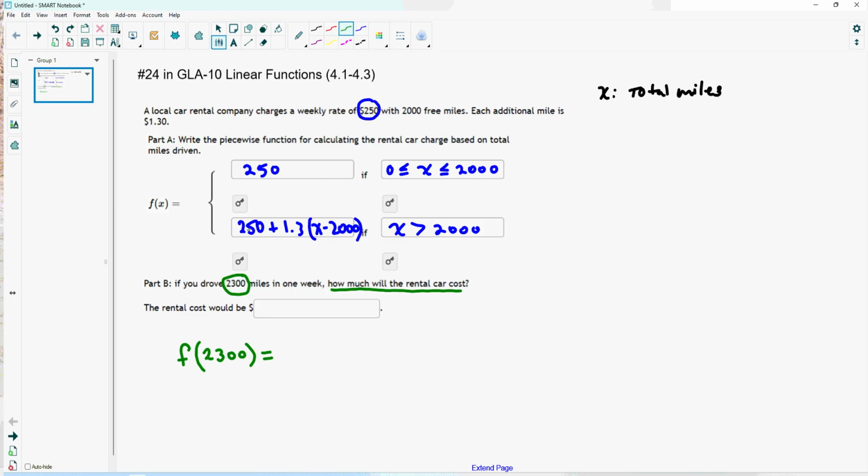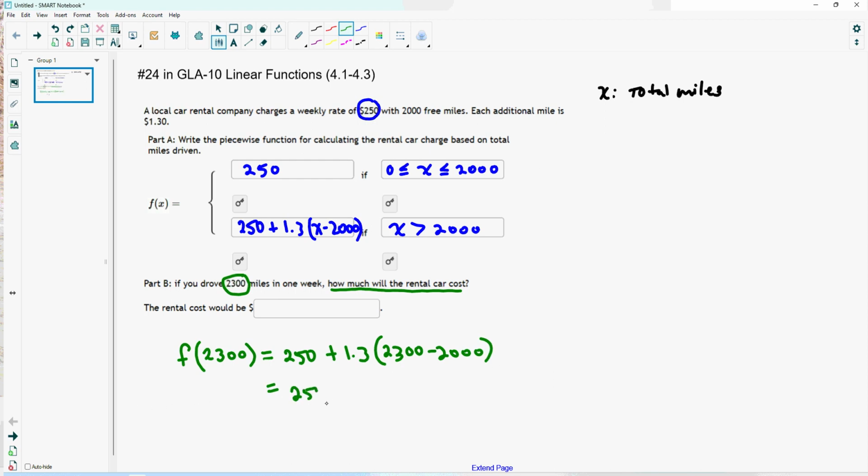So we will want to use that second equation, 250 plus 1.3 times the total number of miles, which is x, minus 2,000.